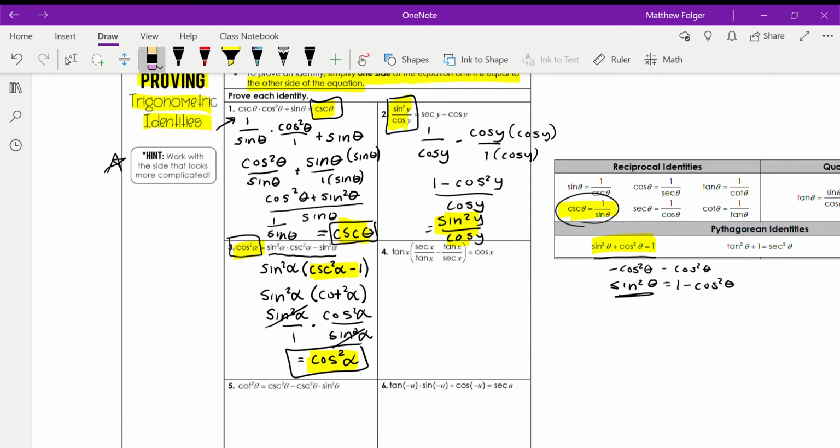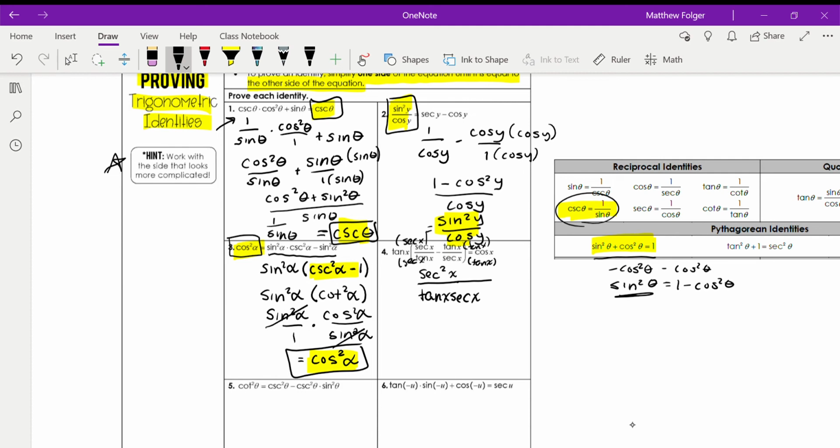So with the denominator of tan x secant x, let's see, that means I have to put a secant on this side, right? So secant x times secant x is secant squared x. And then I have to put a tan x on this side.